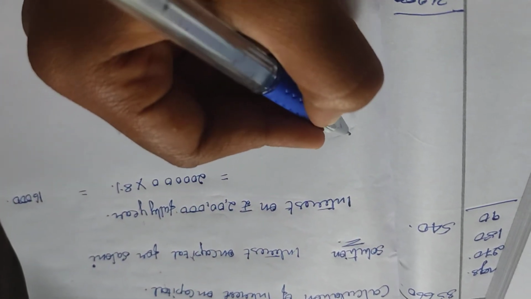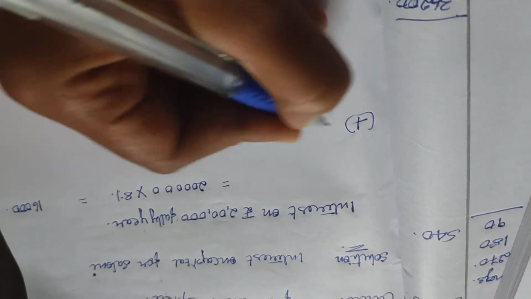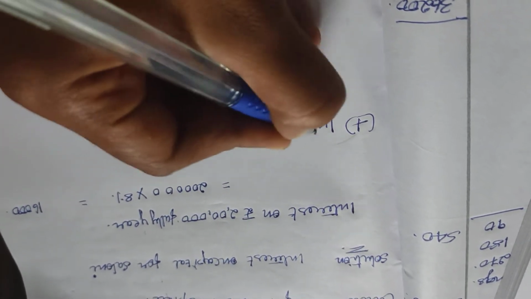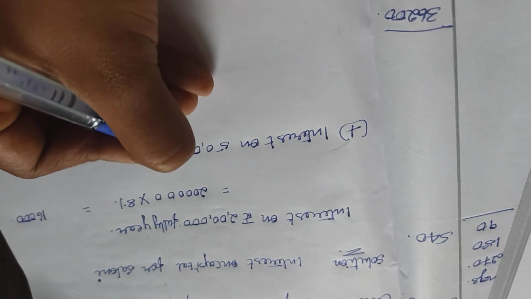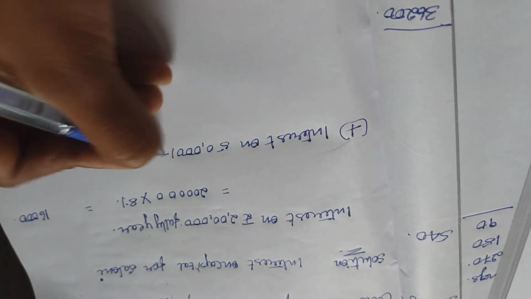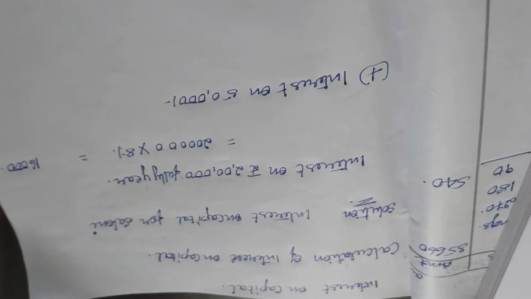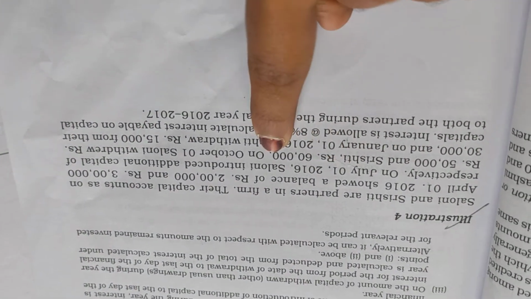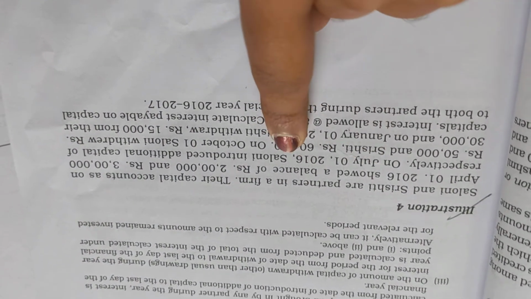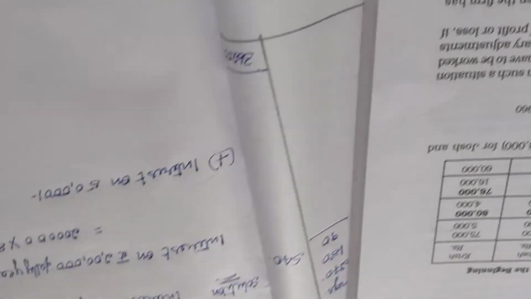She has also introduced additional capital. Interest on the additional capital of 50,000. When did she introduce it? Saloni and Srishti introduced the additional capital of rupees 50,000 and 60,000 in July.